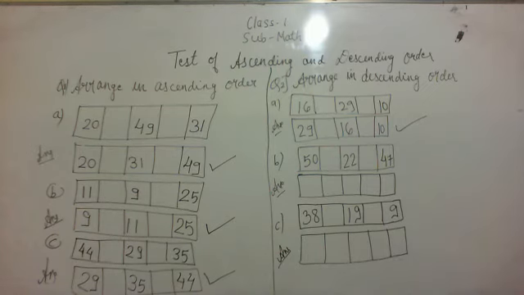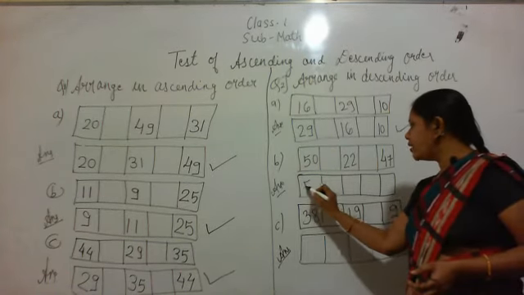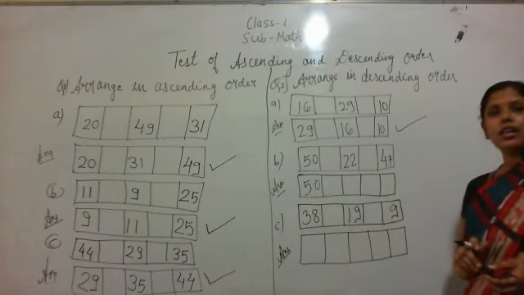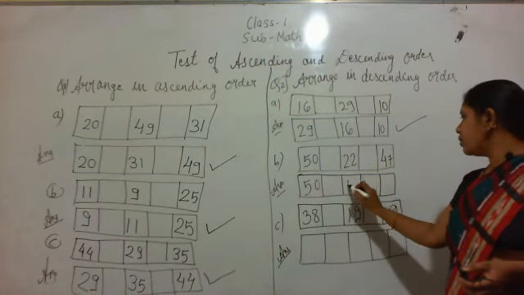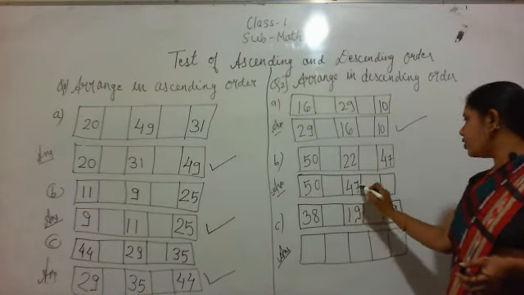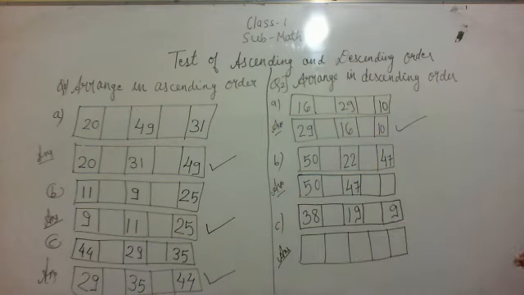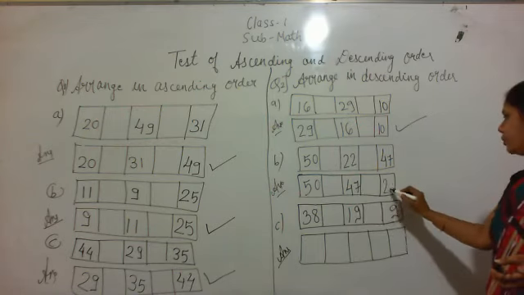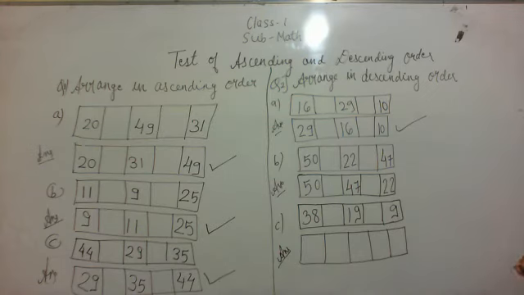Okay, now let us check the next question. The largest number is 50. The next number will be 47. And the last number, the smallest number, will be 22. If your answer is right, then again put a right.